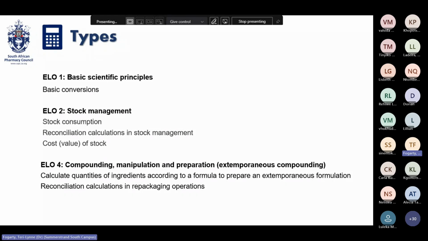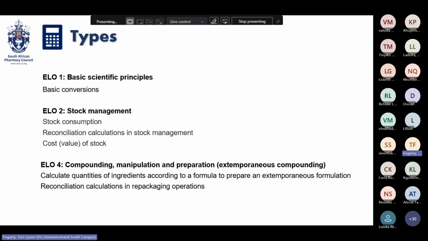Stock management. So for stock management, we're looking at stock consumption, reconciliation calculations in stock management, and then also looking at the cost of stock, or the value of stock. And that's something I think as a basic assistant, if you are working in practice, that you've done quite a lot of. And then ELO 4 is compounding, manipulation, and preparation.